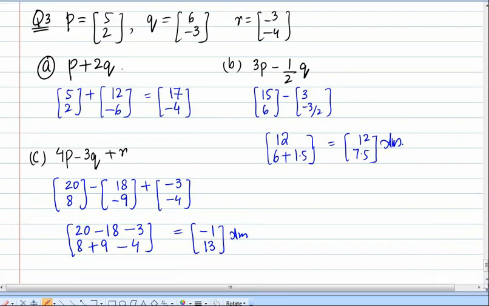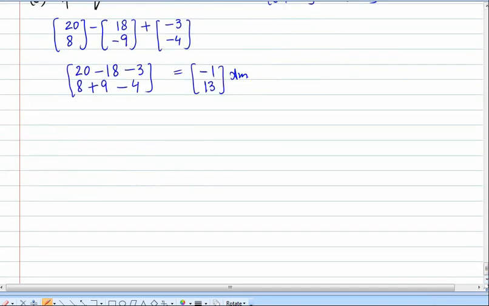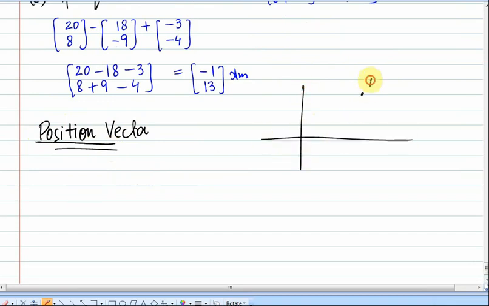Now after this parallel vector concept, we have a new concept of position vector. Let's suppose on the grid I say that it's point A (5, 3), right? Its coordinates are with respect to the origin.